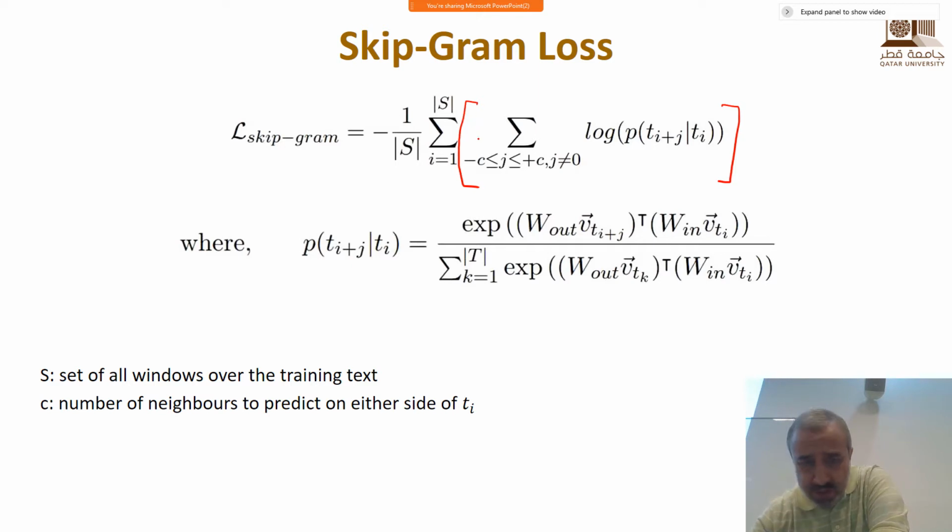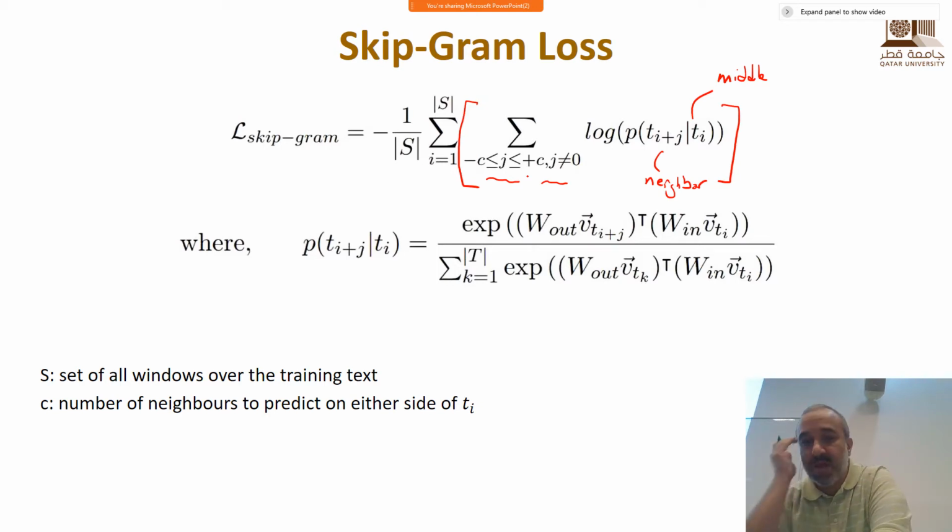Now for one context, which is context number i, we go over all the words in the neighborhood of Ti. Ti is the middle word, and Ti plus j is the word in the neighborhood. And j goes from minus C to plus C. This is the size of the window, left and right.